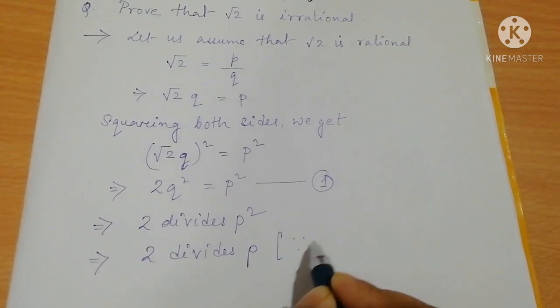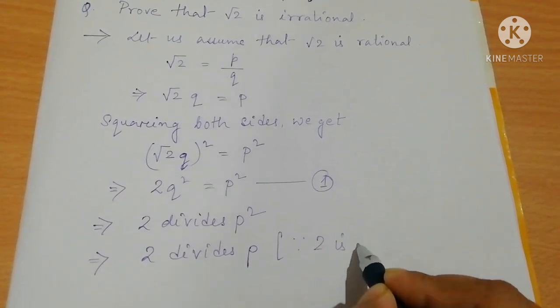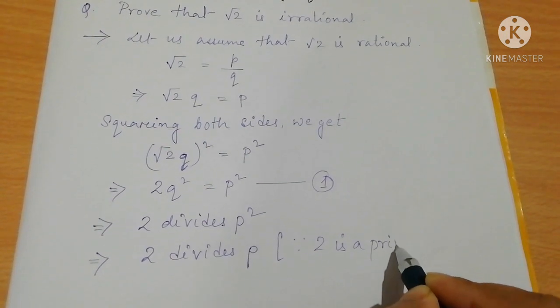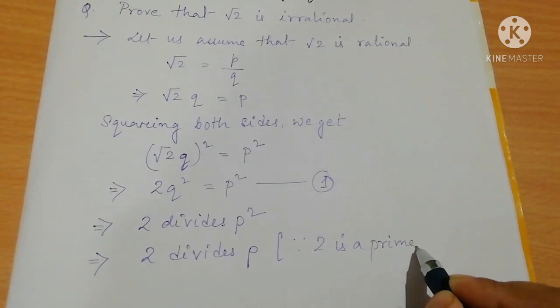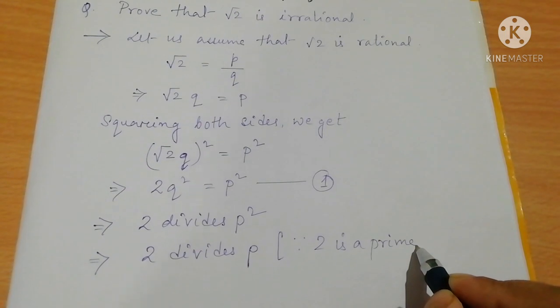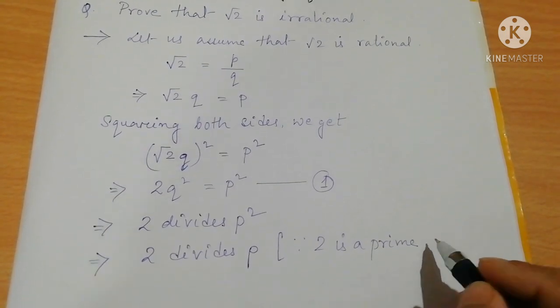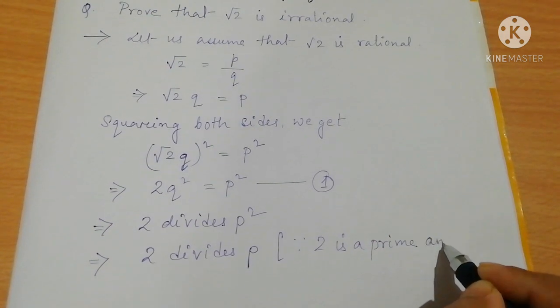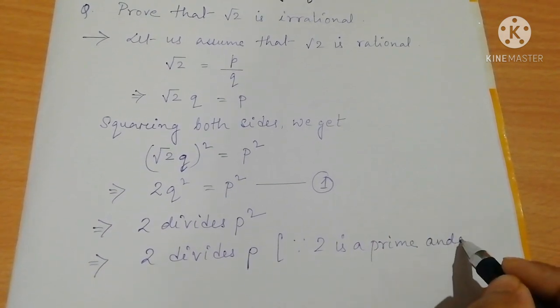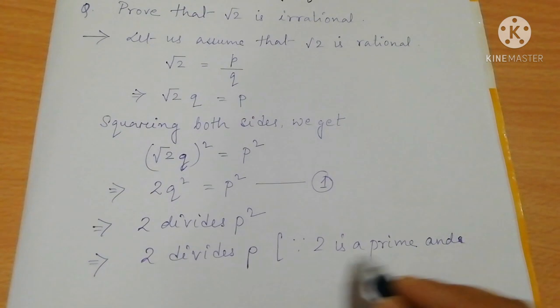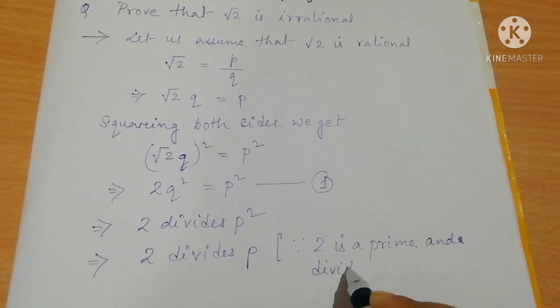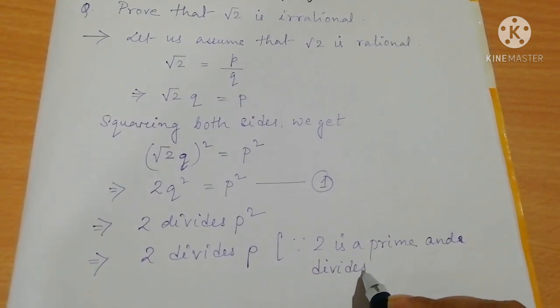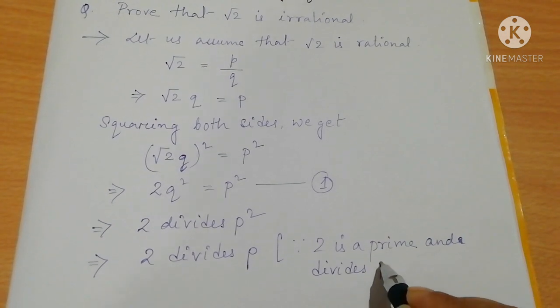That means 2 is a prime and divides p square.